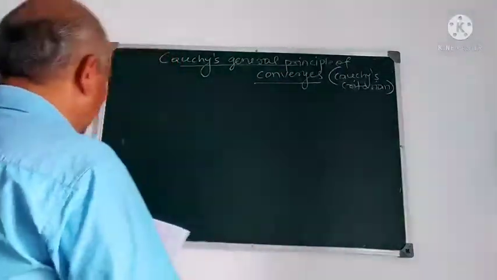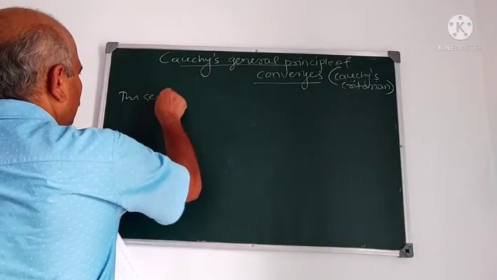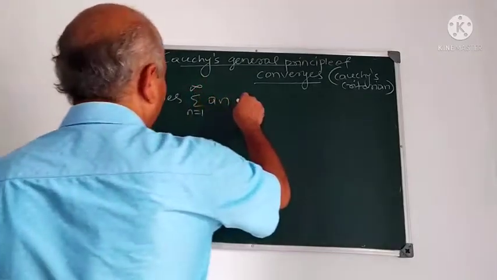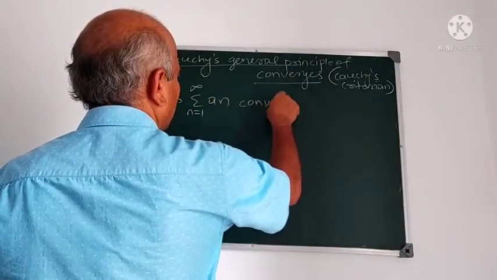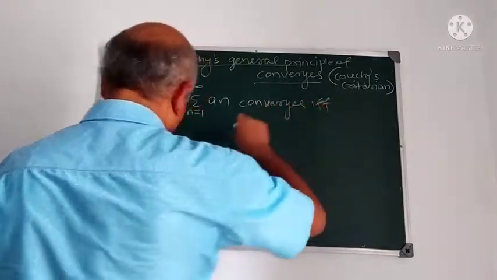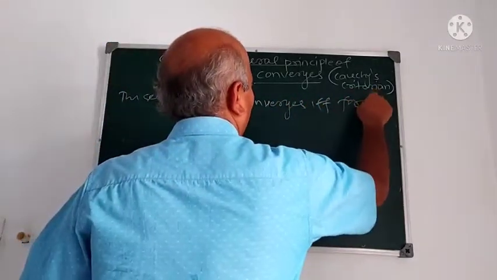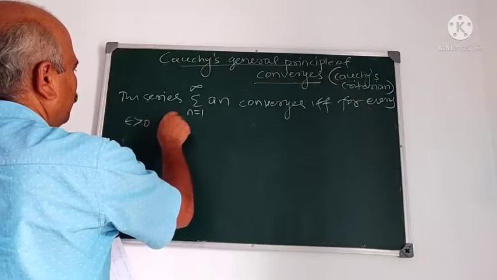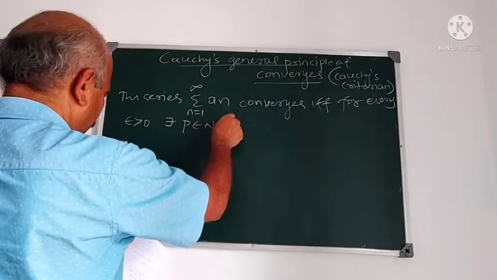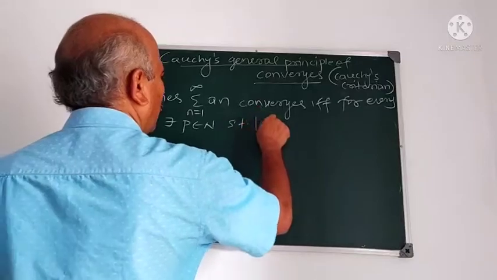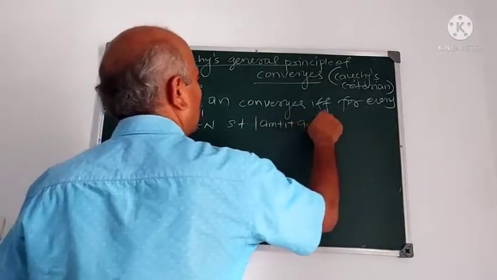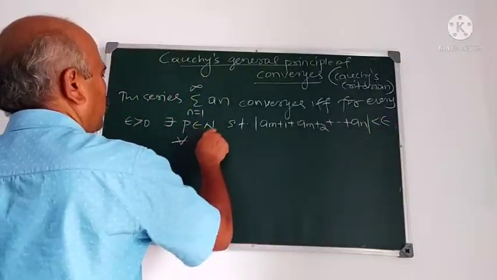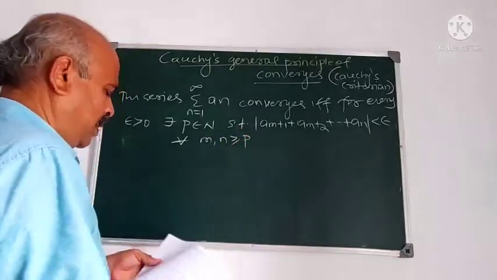Now, it states like this: the series sigma an, n from 1 to infinity, converges if and only if for every epsilon greater than 0, there exists a natural number p such that mod of a(m+1) plus a(m+2) plus etc. plus an is less than epsilon for all m, n greater than or equal to p.